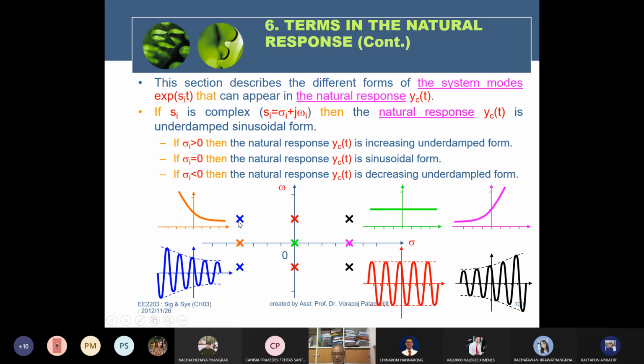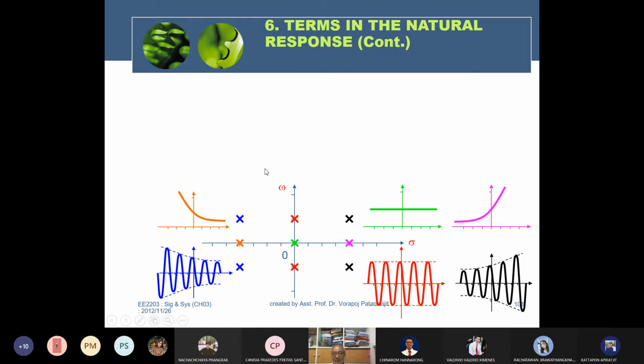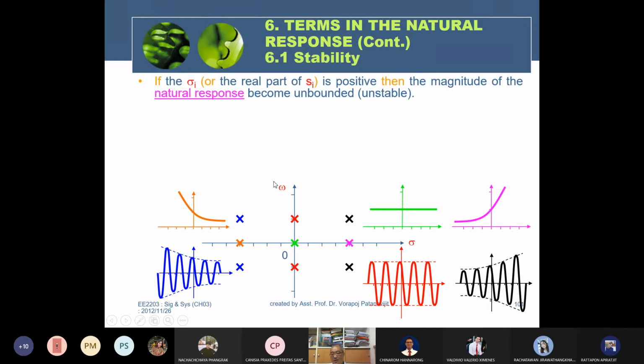You can see the pole locations plotted here, and we can check from this whether the system is stable or not. This is very important in the next subjects, such as feedback control or digital feedback control. Feedback control is frequently concerned with whether the system is stable or not, and this is very easy. If the system is expressed as a differential equation, you can find the characteristic equation and find the roots.